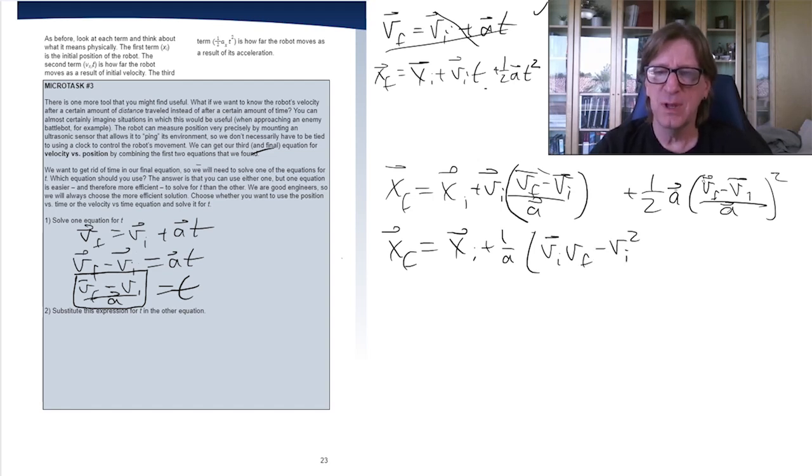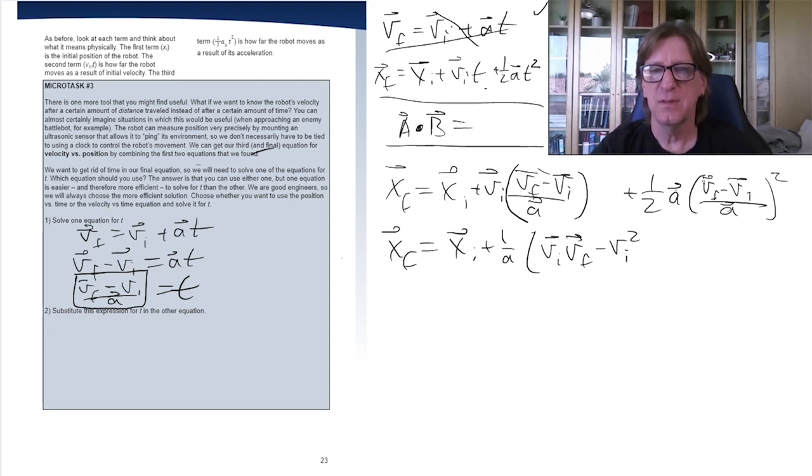Now I'm going to make one comment here. We've not yet talked about scalar products and vector products, which you probably heard of as being called a dot product and a cross product. If I have two vectors, there are two different ways I can multiply those. If I have vector A and I take the scalar product with vector B, then that's just going to be A times B times the cosine of the angle between them.